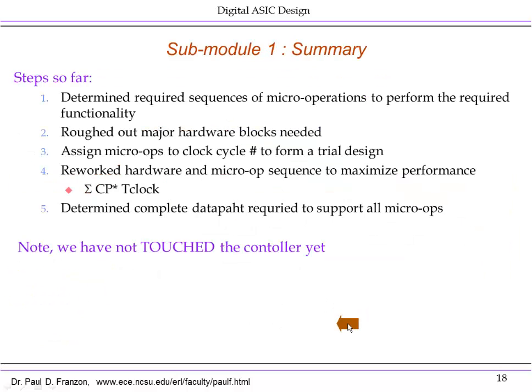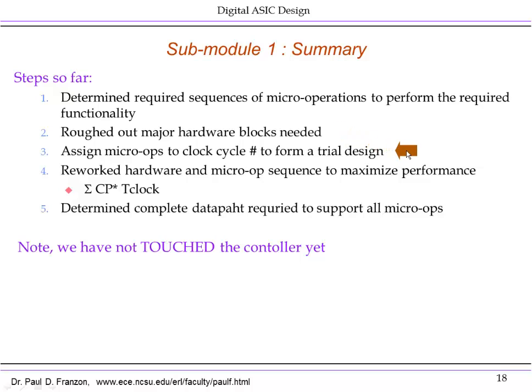Before I do that, I just want to summarize. Again, the key steps were, we took our algorithmic intent, in this case the instructions we had to support, and tried to work out a reasonable sequence of micro operations that are required to support the functionality specified by the algorithmic intent. We then roughed out the major hardware blocks required to support those micro operations.